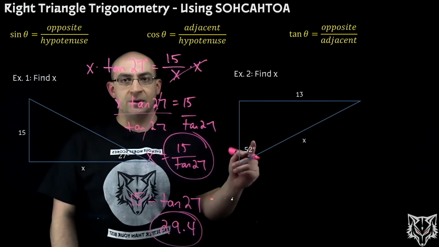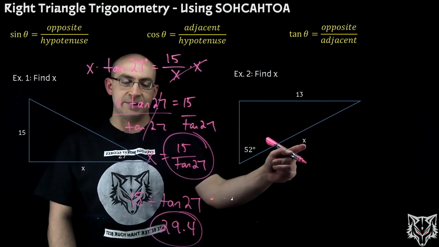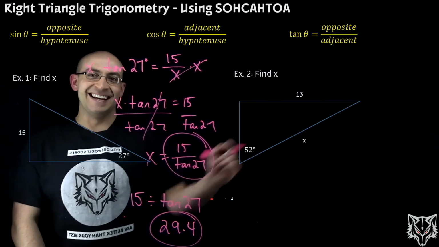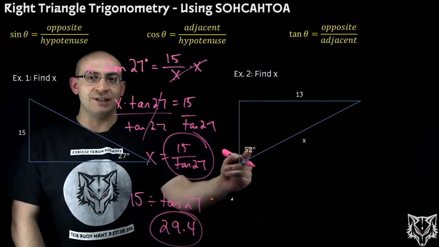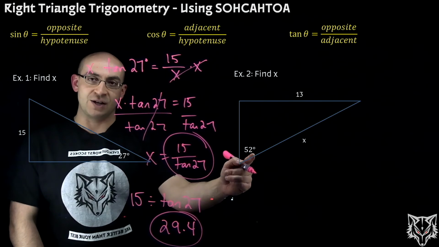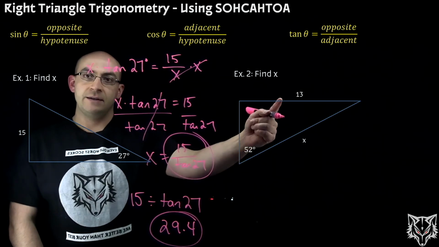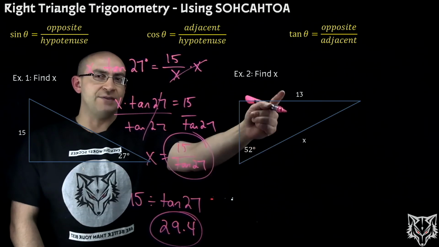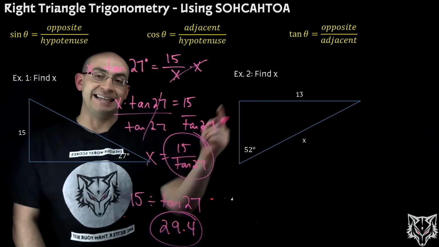In example 2, again, I'm looking for a missing side measurement. But in this one, I need the hypotenuse. So in relationship to that 52, which is our theta measurement, what am I giving you? 13 is opposite, and x is the hypotenuse. So I have an O and an H. I need sine.